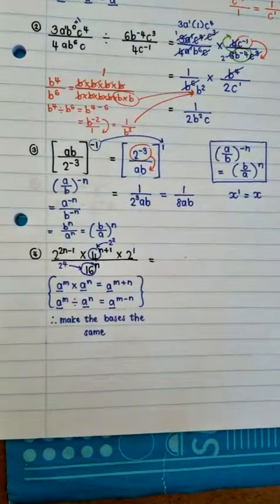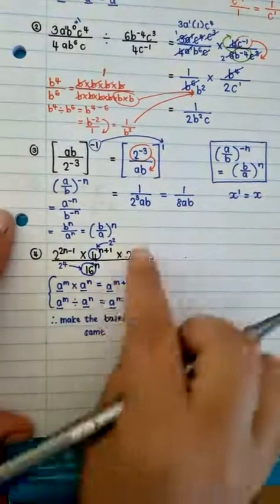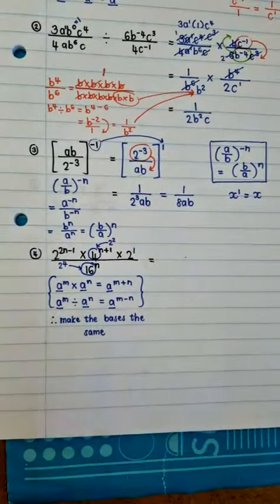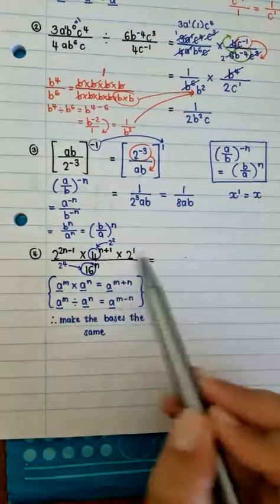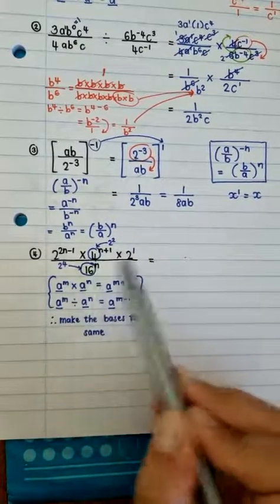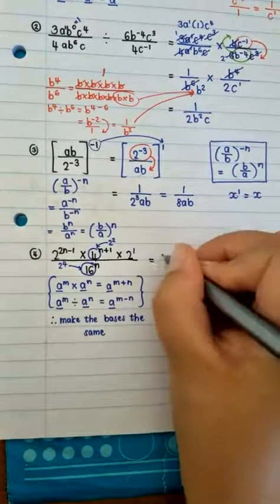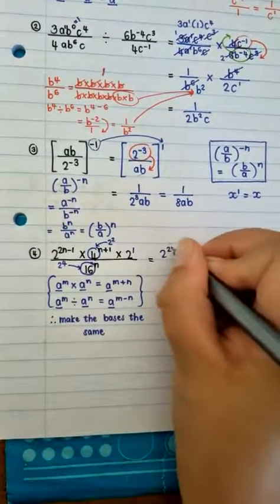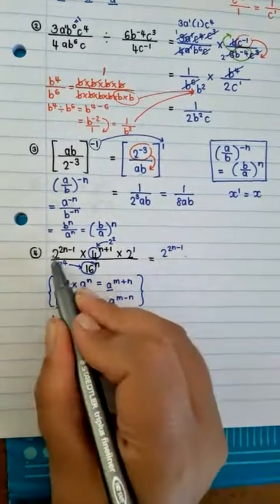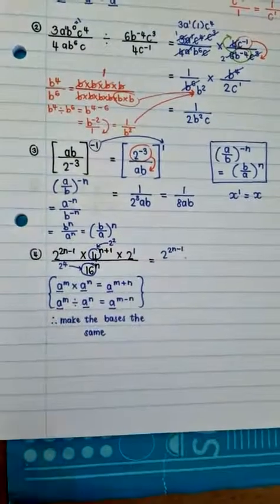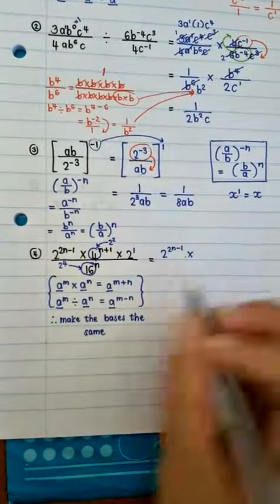Okay, so that is what we're going to do, guys. In our first line, we are going to rewrite all of the bases that were different, that were not 2, as 2's. So the first part of that product is fine. It's 2 to the 2n minus 1. I'm just rewriting that. Then we have times.